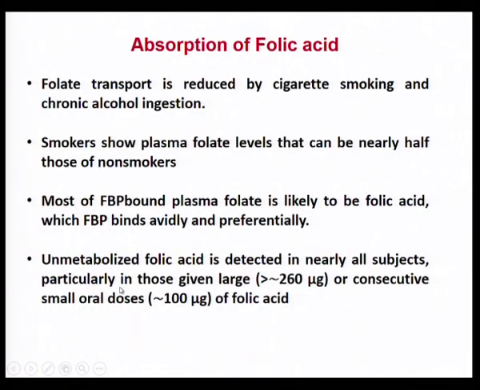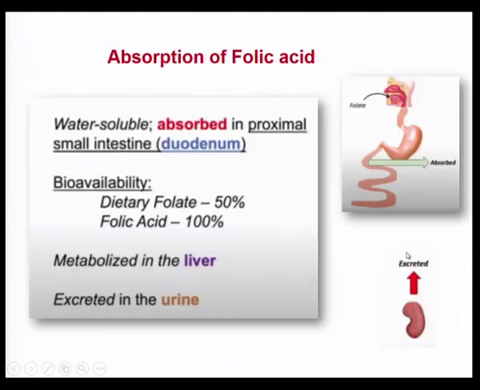In any case, if the dose amounts to 100 micrograms or more, you always detect unmetabolized folic acid. Otherwise, the folic acid you detect in plasma circulation would always be within the acceptable limit. But for people who consume larger amounts, you find a lot of unmetabolized folic acid in circulation. So this is the picture.